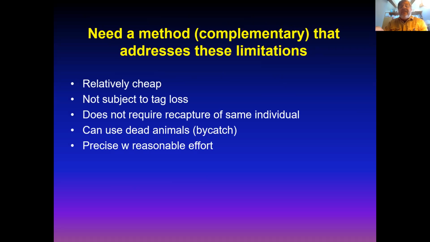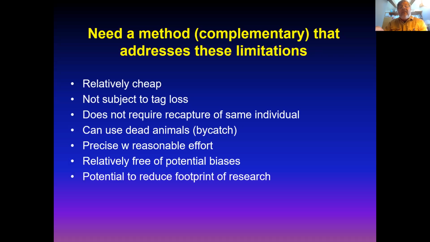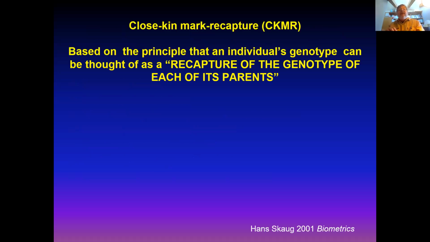It should be reasonably precise with reasonably high effort, free of biases, and with the potential to reduce the footprint of research. So the method that I'm going to talk about today is referred to as close-kin mark recapture, CKMR. CKMR is based on the principle that an individual's genotype can be thought of as the recapture of the genotype of each of its parents.